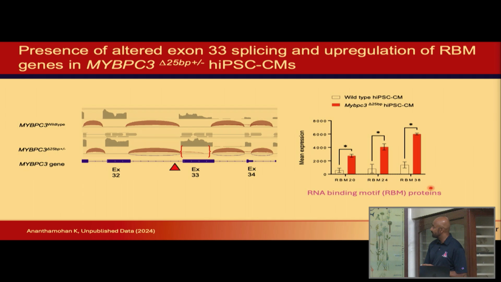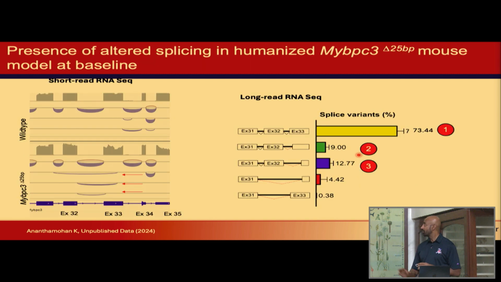Three major RBM proteins, RBM20, RBM24, and RBM38, are upregulated. The more RNA binding protein present, the more altered mRNA can be present, and that's what we see in our long RNA-seq. We confirmed increased altered splicing in these mouse models.